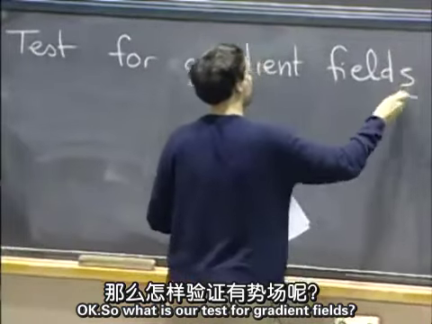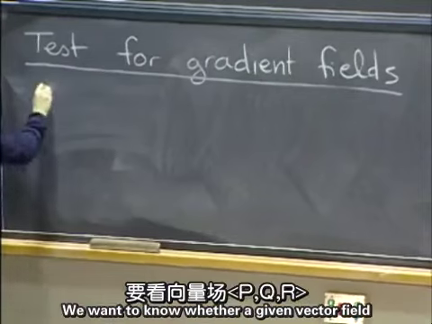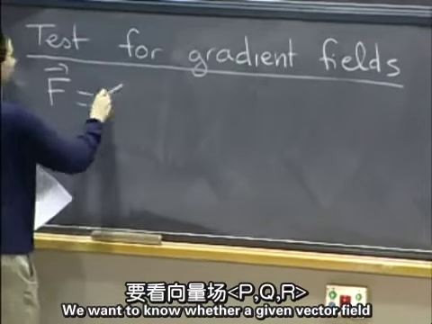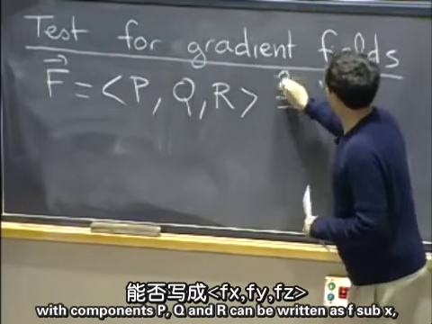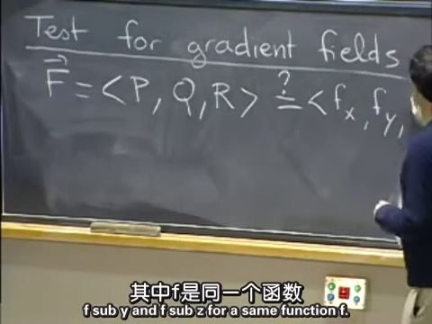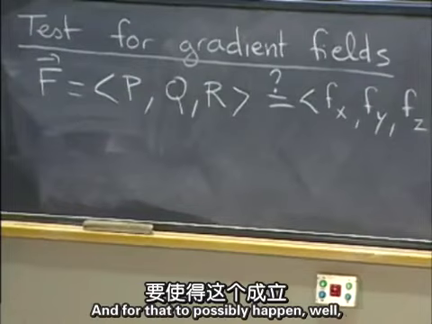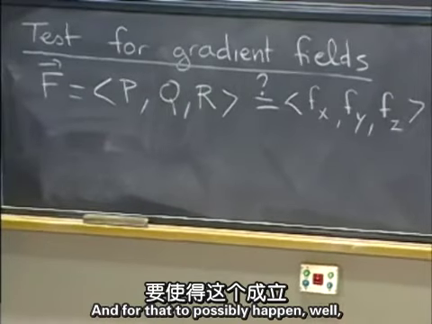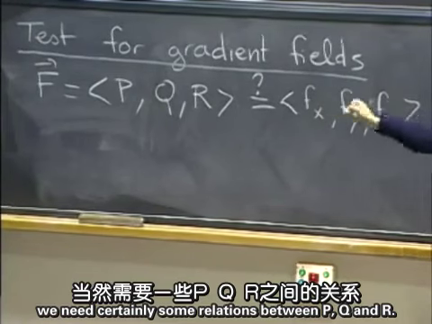So what's our test for gradient fields? We want to know whether a given vector field with components p, q, and r can be written as f sub x, f sub y, and f sub z for the same function f. And for that to possibly happen, we certainly need some relations between p, q, and r.